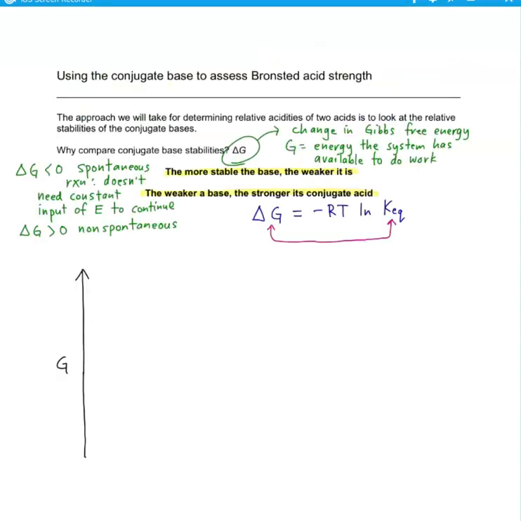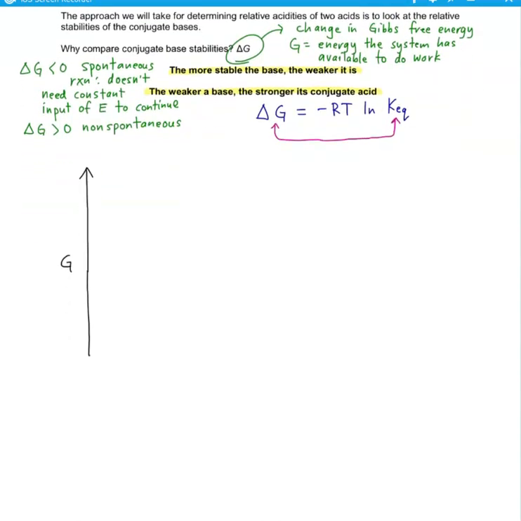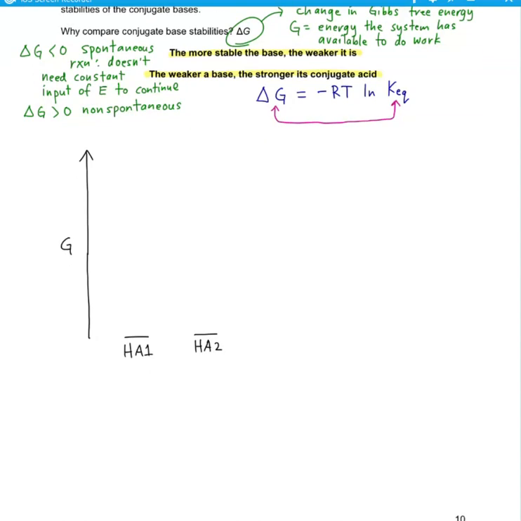We're going to start with a pair of acids, and let's call them HA1 and HA2. And what we're going to do is allow each of them to dissociate. So let's say that when HA1 dissociates, what we get is H plus and A1 minus, so the conjugate base of HA1.